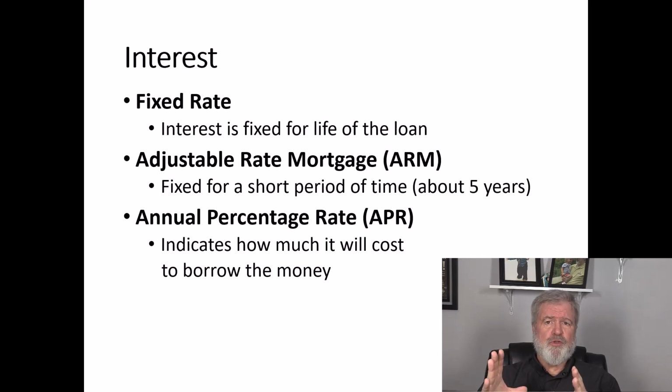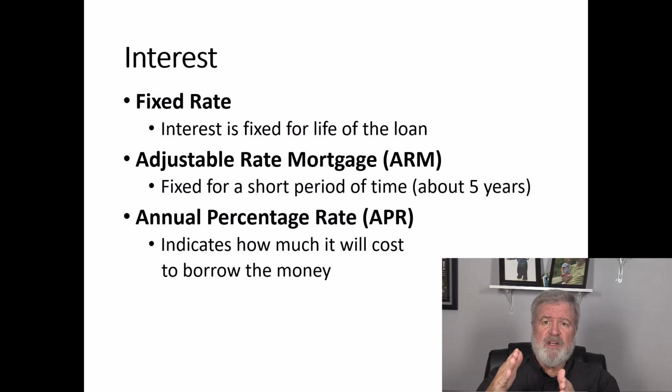Because we know the interest rate with an ARM is going to be lower. The initial rate anyway is going to be lower than what you would pay if you got a fixed rate. And that lower rate will stay fixed, but for a period of time. Like 3 years, 5 years, again, depending on what the loan requires. So you better know what that maturity date is.